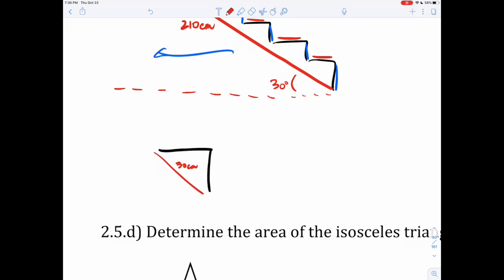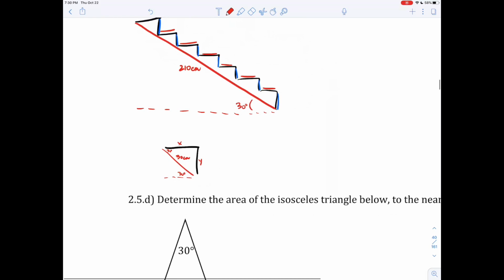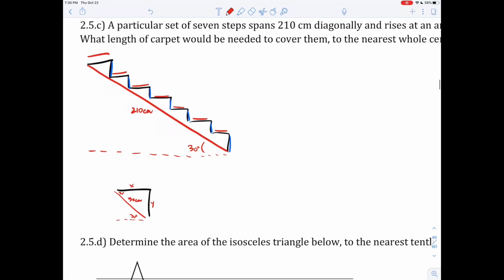And then we could find, if this is 30 degrees, this is 30 degrees, we could find the two parameters for a single step, add them together, multiply by 7 to go with all of the steps. I'm personally going to go with the first method. You choose whatever your heart desires.